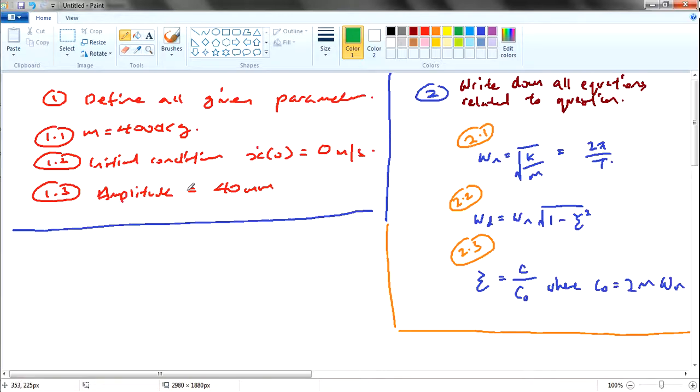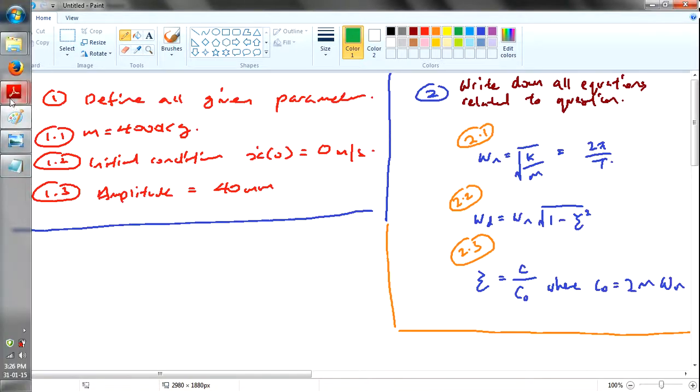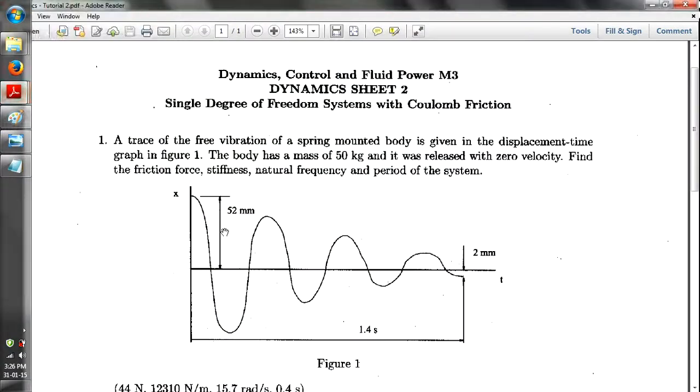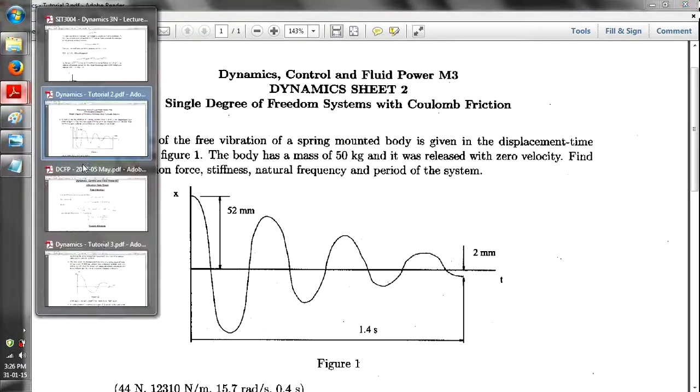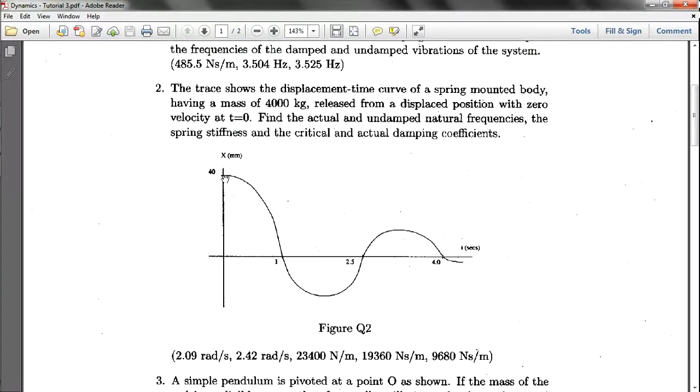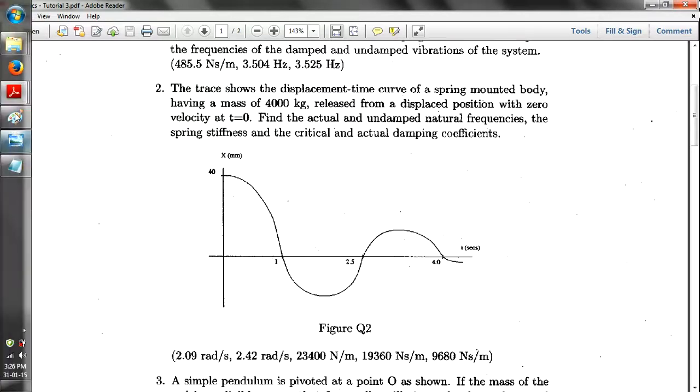The amplitude is 40 millimeters. Another thing to get is the time per cycle. One cycle is approximately 3 seconds.